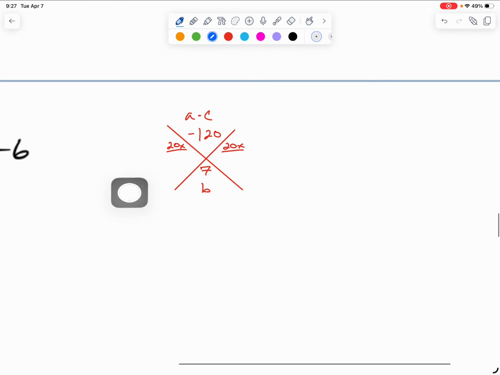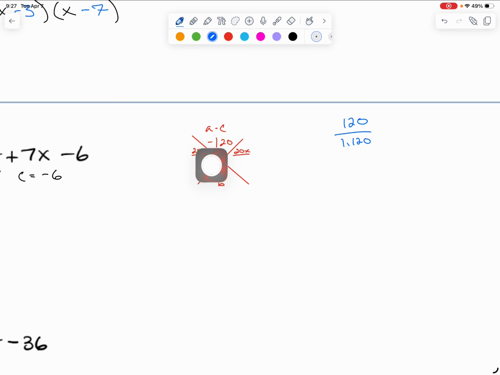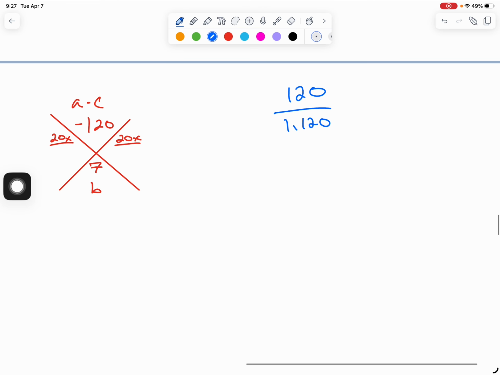Factors of 120 that can get us to 7. All right, we have 1 and 120. And what's our A times C? Oh, it's a negative, so we'll be subtracting. Can I even think about using any of the first? Let's just see.